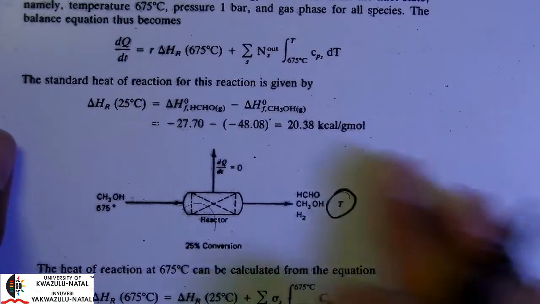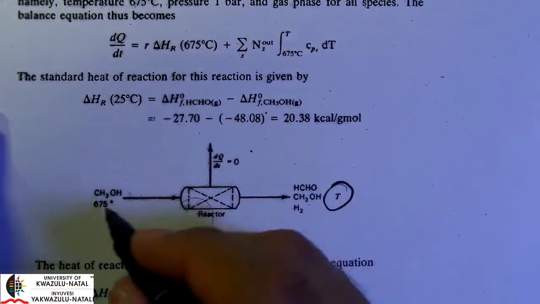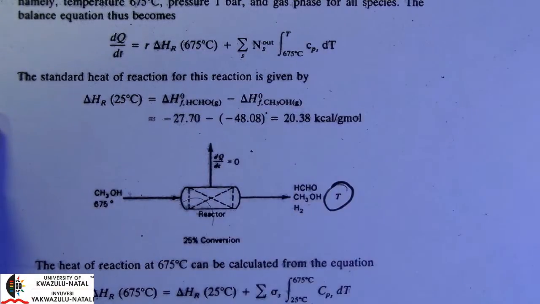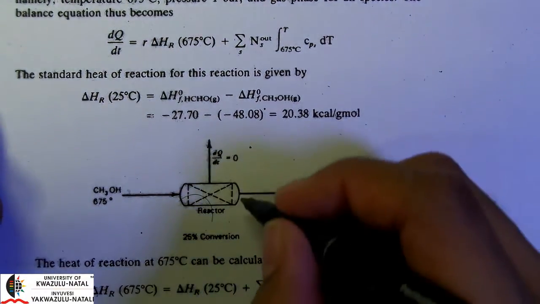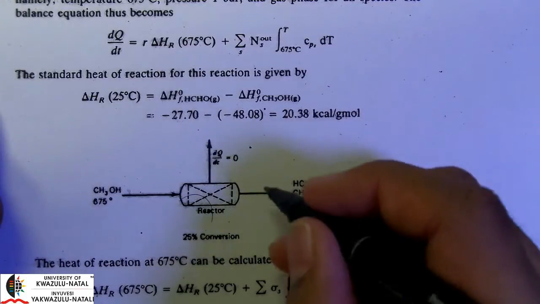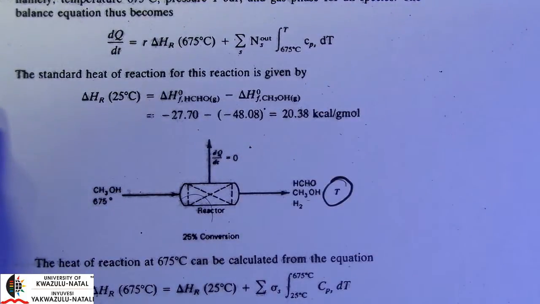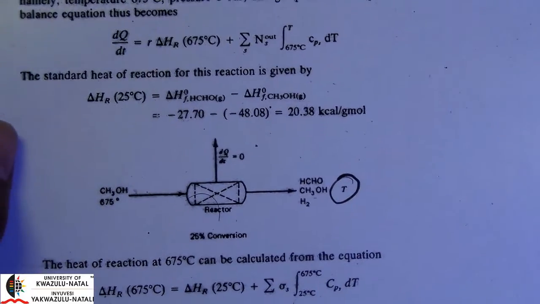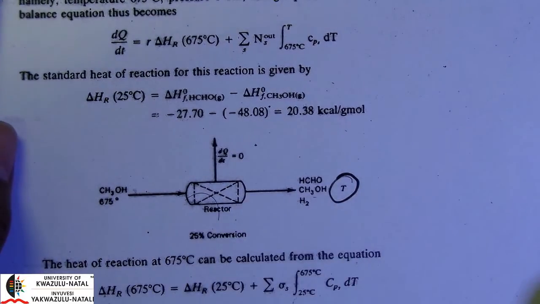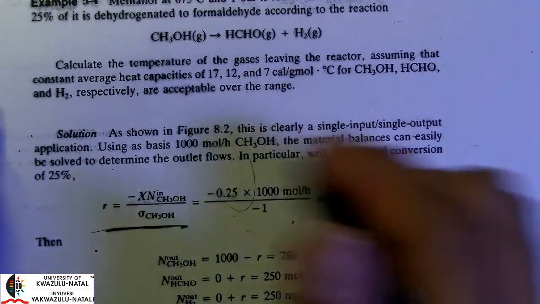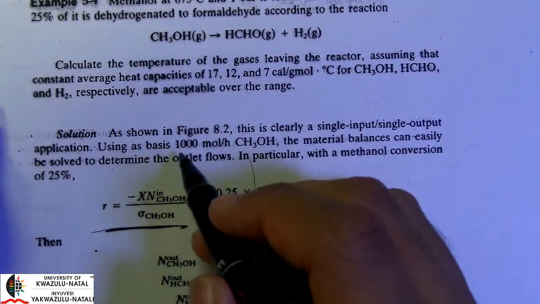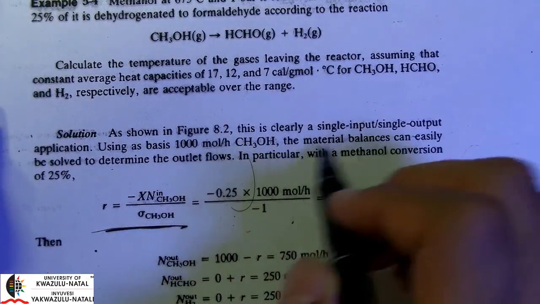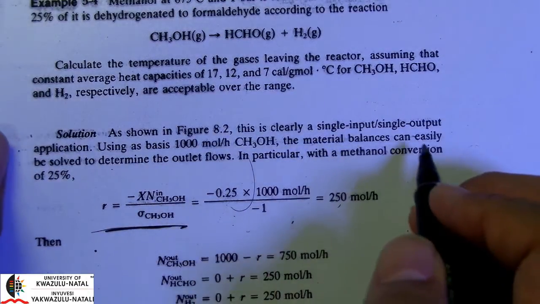So we have our reactor here, and it's a simple single input and single output stream. If there were multiple outputs, the temperature of all of those outputs would likely be the same, so that wouldn't cause much difference. But now let's look at our single output. If we assume a basis of 1000 moles per hour, we can solve our material balances.